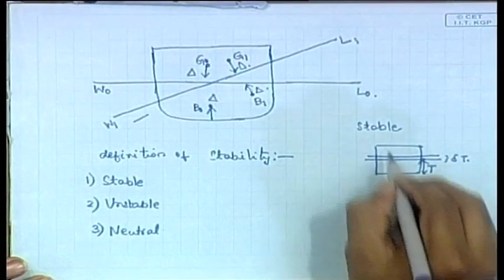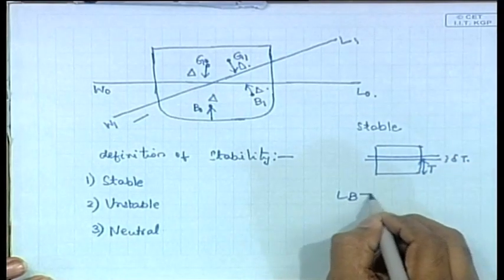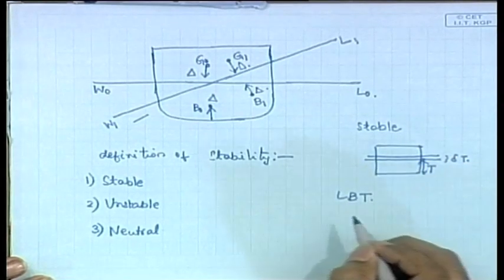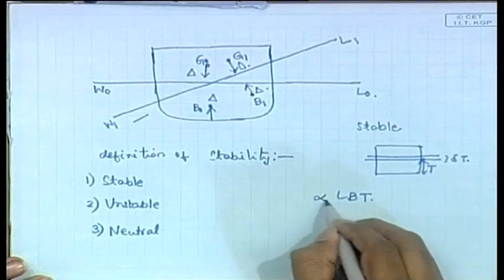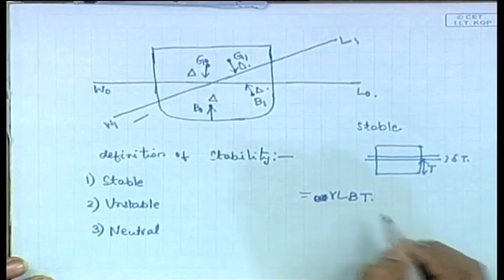Now, this is L into B. You can see that the initial buoyancy force was gamma into LBT, of course proportional to LBT.